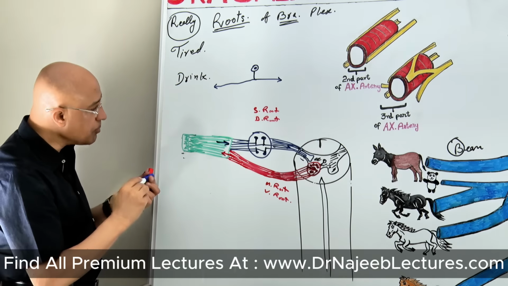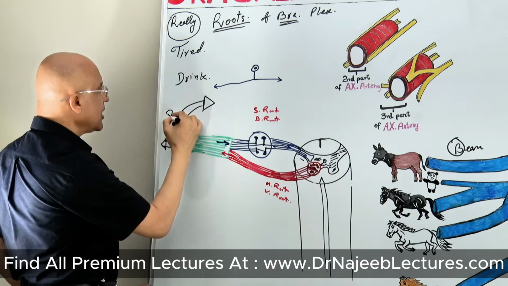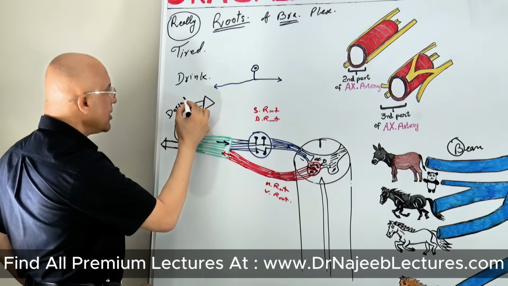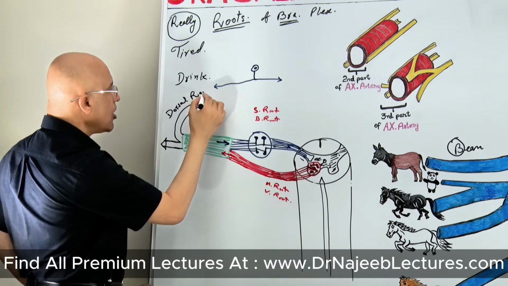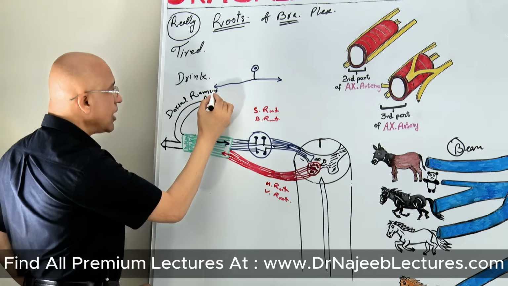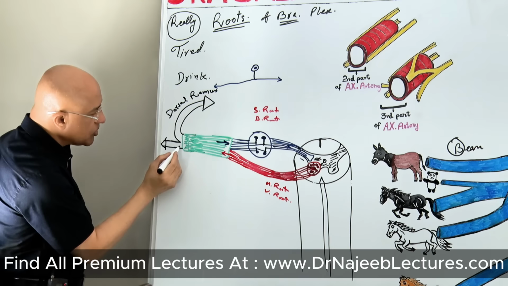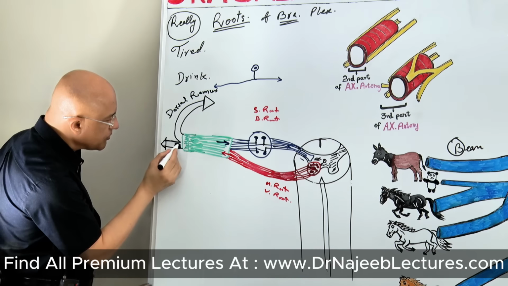The division of the spinal nerve proper which has gone backward is called the dorsal ramus. And this is very, very important for us.